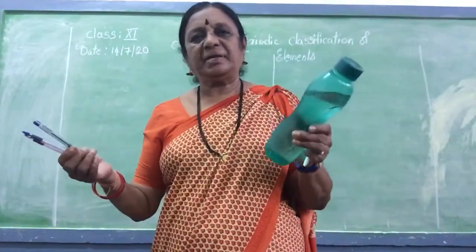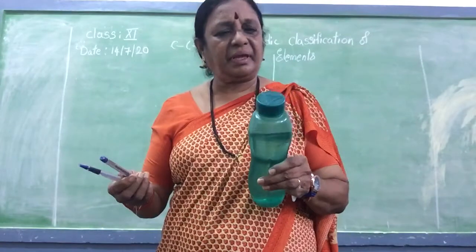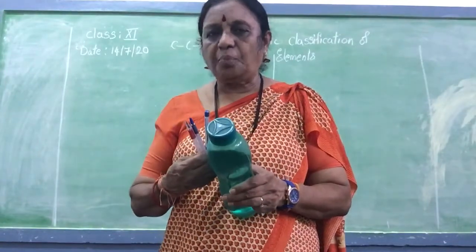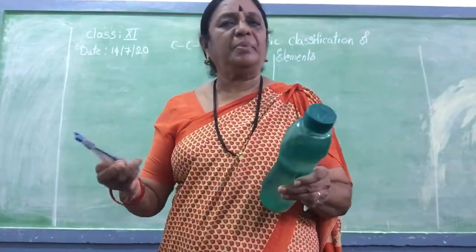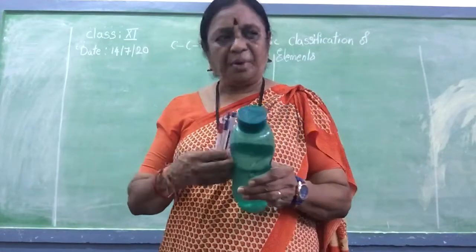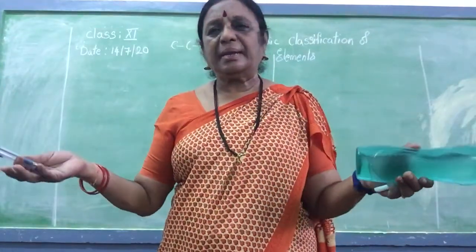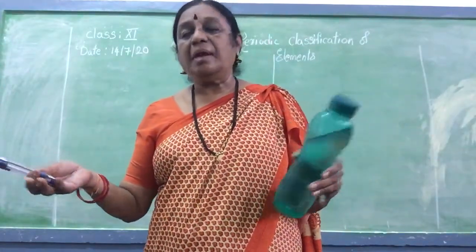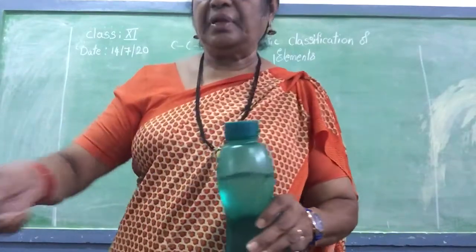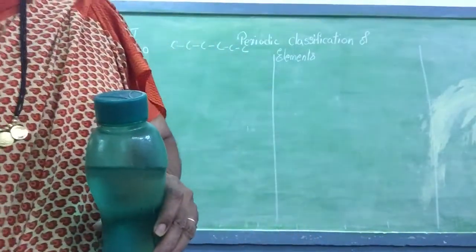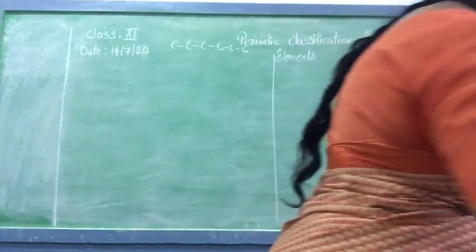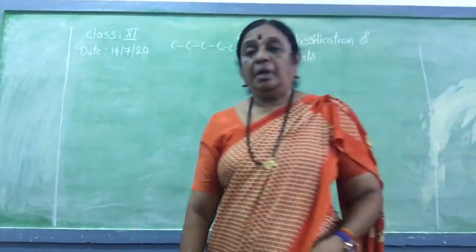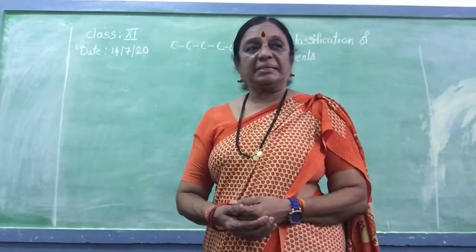All the different varieties, different colors of bottles are there. It is also polymer of carbon. Polymer means carbon is forming all these compounds. Many other examples, children. You can give polythene bags. So many varieties of polythene bags are there. Thin polythene, thick polythene. So varieties of polythene bags are there.